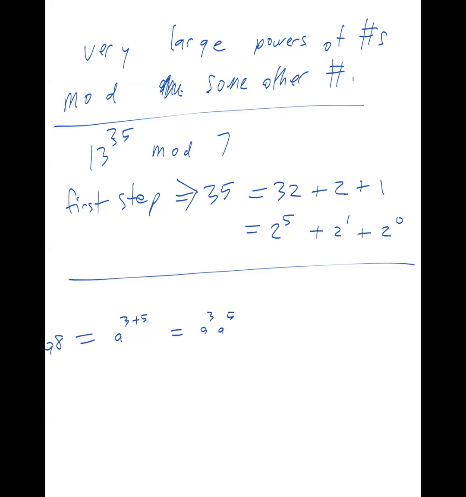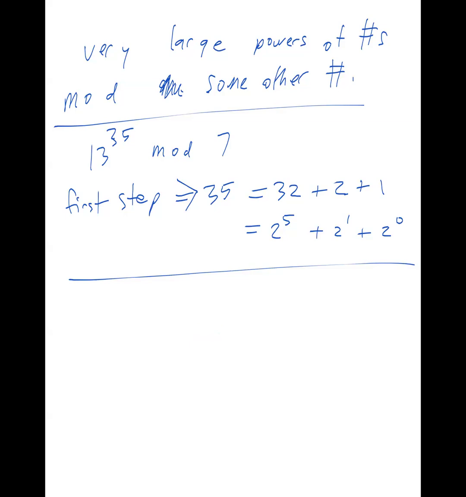So we're actually going to use this property right here. A to the power of 3 times a to the power of 5 is equal to a to the power of 8. And that means that I can also work it backwards like that.